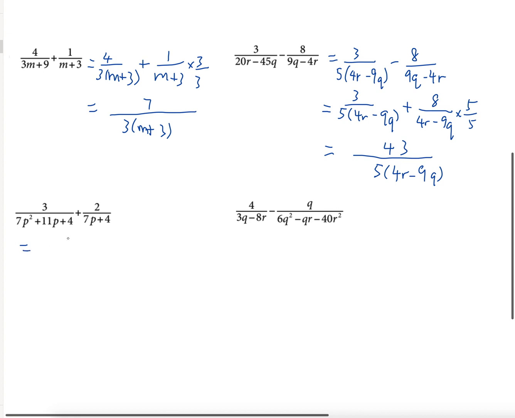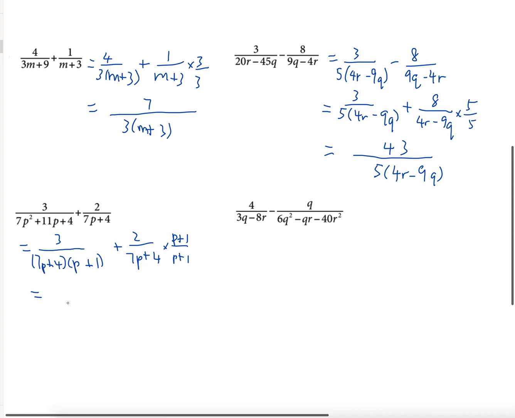Okay, once again, we factorize this. Well, we could have guessed that there could be a 7p plus 4 in the first factors. So we can try 7p plus 4, and then to get a p squared we times p, 7p times p, and to get a 4 we need to multiply by 1. It's all plus. Check the middle term, 7p plus 4p, 11. Yep. So now this one needs a p plus 1 because there is no factor of p plus 1.